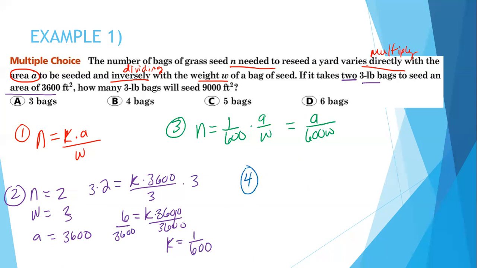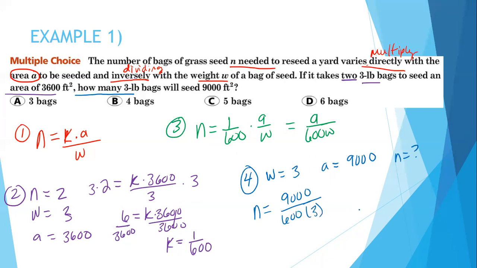Step 4 is answering the problem. It says, how many 3-pound bags will seed 9,000 square feet? So it tells me here, my W equals 3, my A equals 9,000, and it wants to know the number of bags. So I have N equals, A is 9,000 over 600, and W is 3.